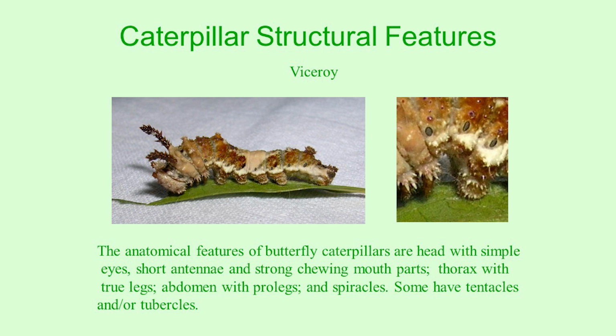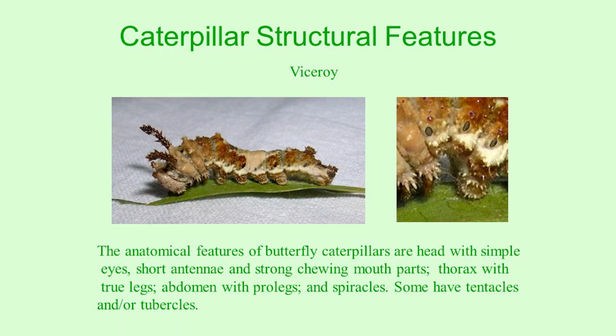So in this picture, the antennae are the really short ones on the head and not the longer tubercle ones. So they have the short antennae, and they have very strong chewing parts because that is really what caterpillars do. They eat a lot of vegetation, and so they need strong chewing parts.